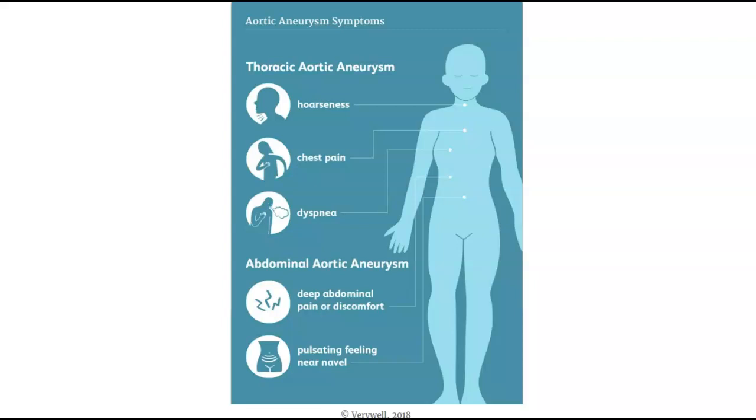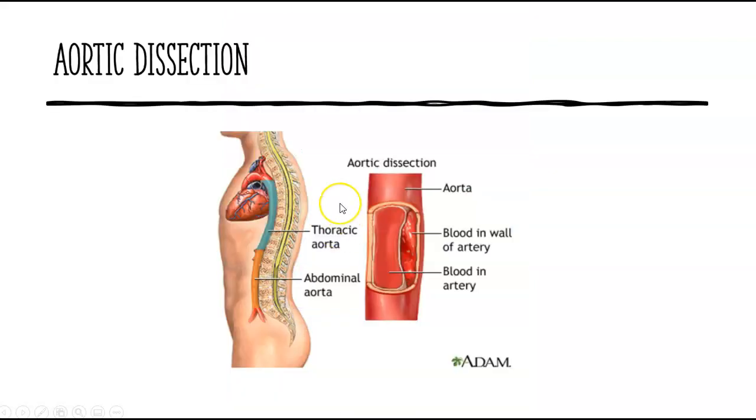They are going to lose a lot of blood quickly and have a large amount of internal bleeding. It's caused when that weakened vessel ruptures, and in the case of the aorta, it can be anywhere as the aorta exits the heart down through the abdomen.